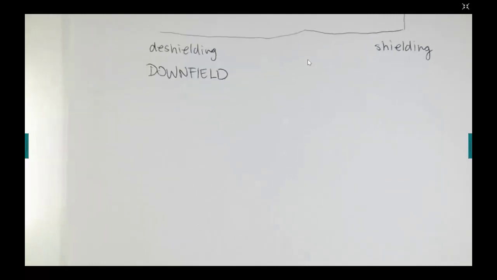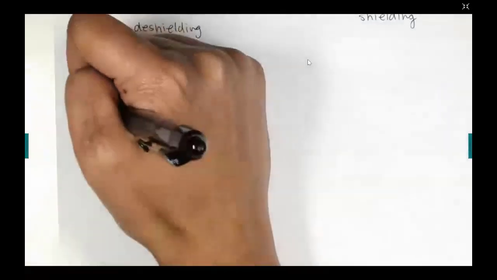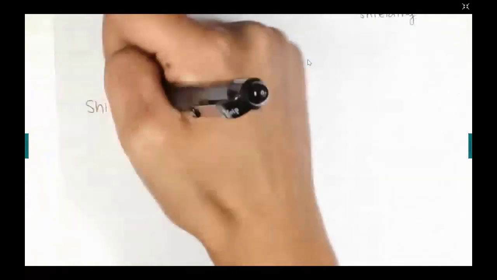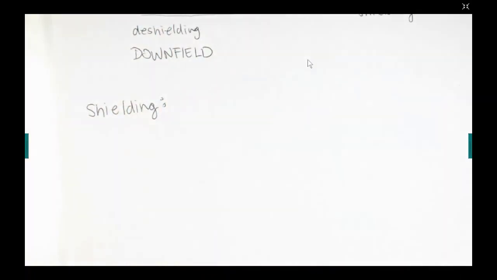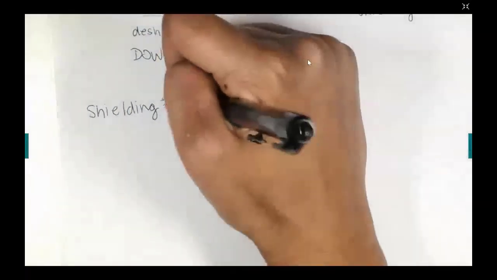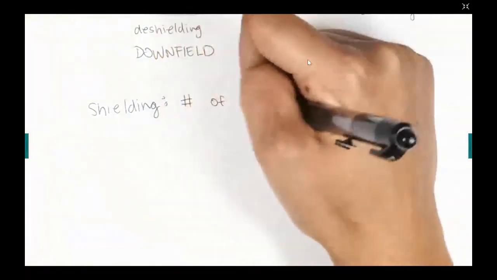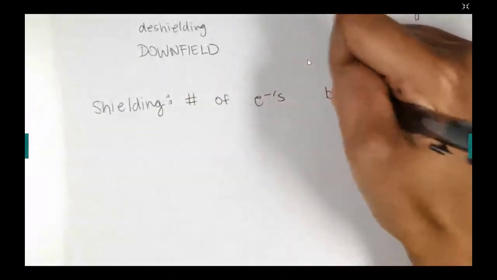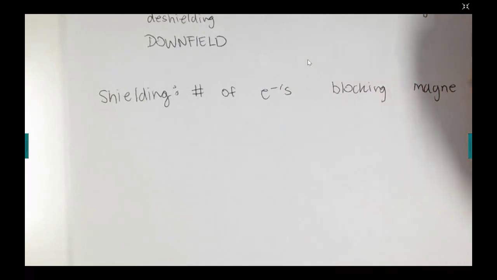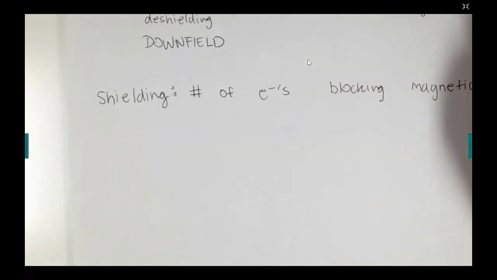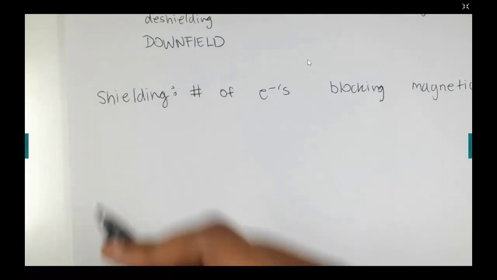Okay, let's see this. Oh, perfect. When we talk about shielding, what we're really saying is, are there electrons surrounding my proton? So the number of electrons blocking that magnetic force. When we talk about deshielding effects, we're talking about when something is withdrawing those electrons away from your protons.